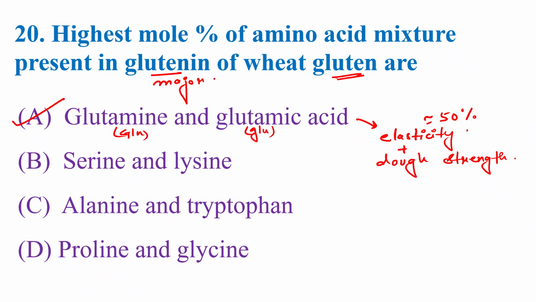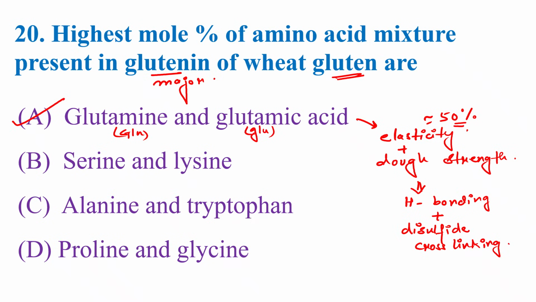via hydrogen bonding and disulfide cross-linking. So glutamine and glutamic acid together account for 50% of the amino acids, and these amino acids contribute to the gluten's elasticity as well as the dough strength via hydrogen bonding and disulfide cross-linking.